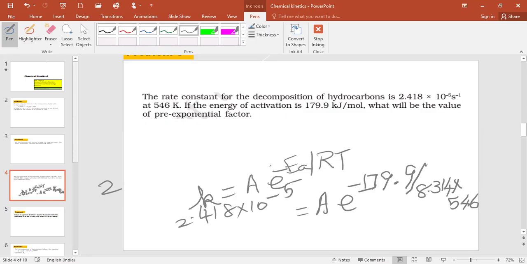So next you have to simplify them. How to calculate the value of A?